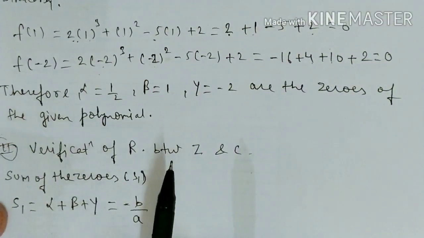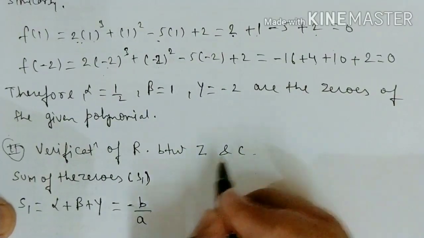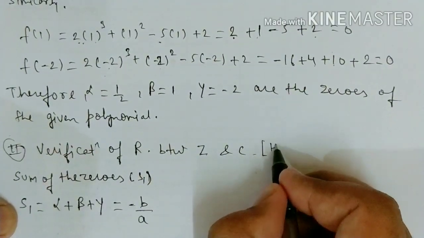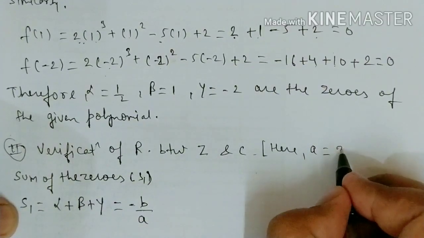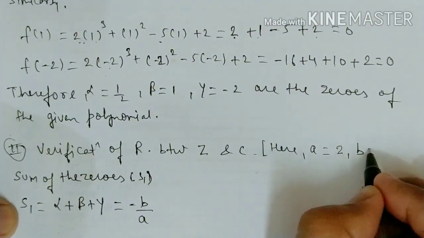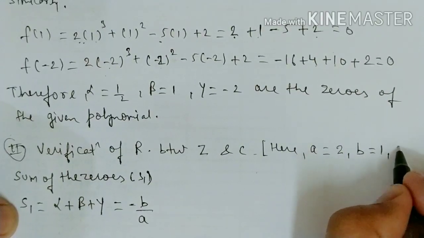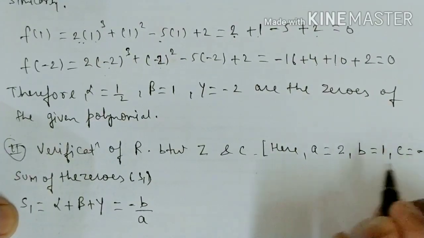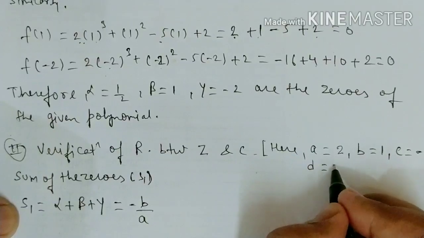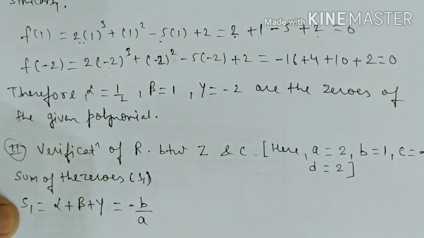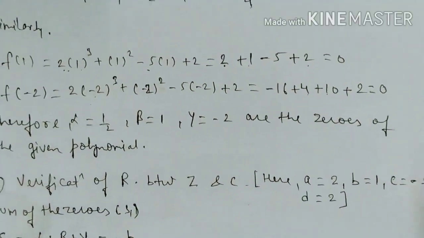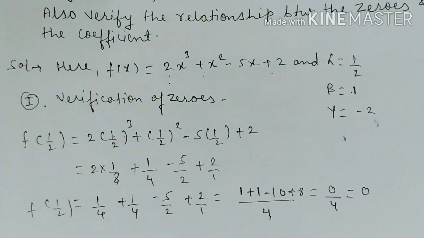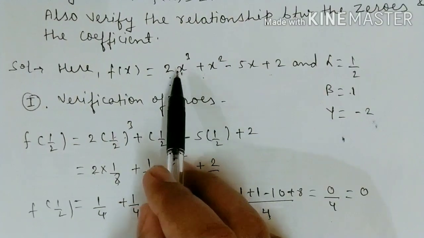So I am writing the value here. Is this clear? So in the bracket I am writing here a is equal to 2, b is equal to 1, c is equal to minus 5, and d is equal to 2. Yes, from where I am getting this value? From the given polynomial. Check it again. Coefficient of x cube.